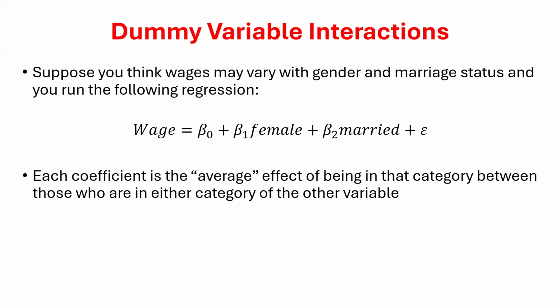So this change from beta 2 to beta 4 is the predicted change in wages for a female who is married. It tells us what this interaction is between these two variables, that potentially married females might be rewarded with different wages than a married male, because for a married male, all that would be getting added into our predictions is beta 3.